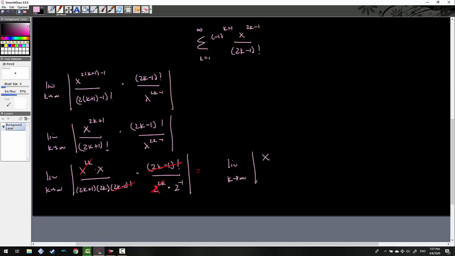That's an x to the negative 1, so that bounces up and becomes x squared over 2k times 2k plus 1.